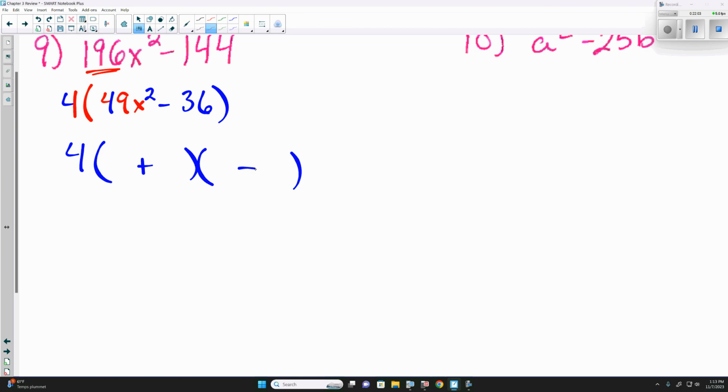Well, what times itself is 49? Then we will have our x. What times itself is 36? Still works the same. So if we notice the greatest common factor of 4 first, we could factor it out and then do the same steps.